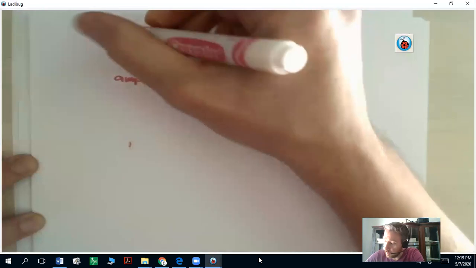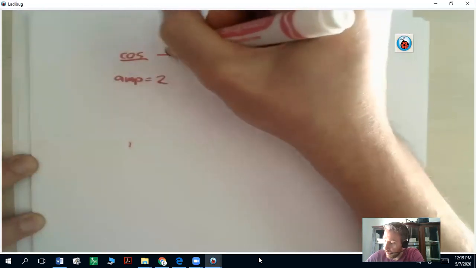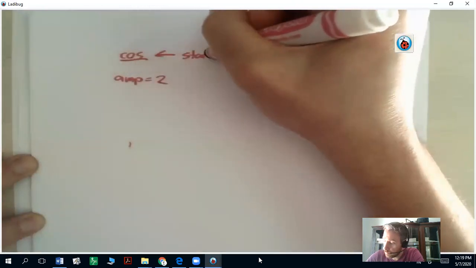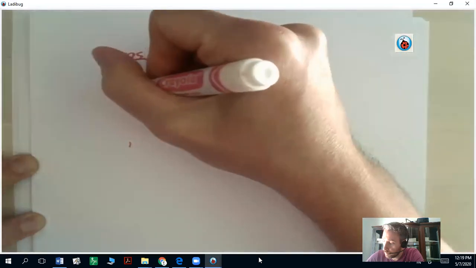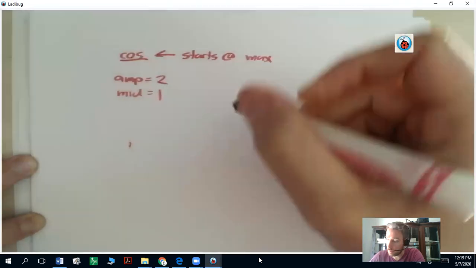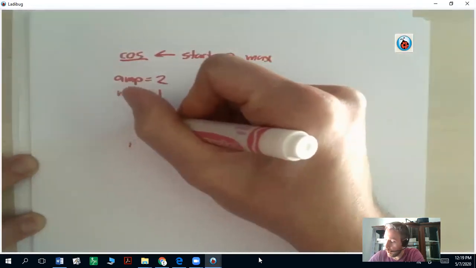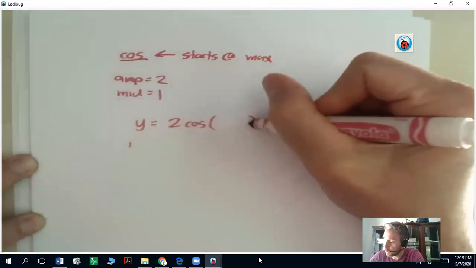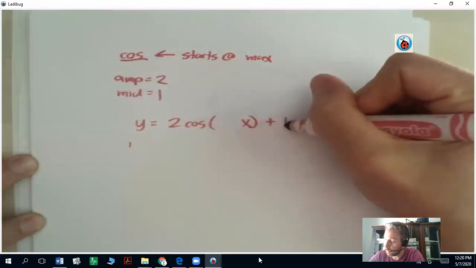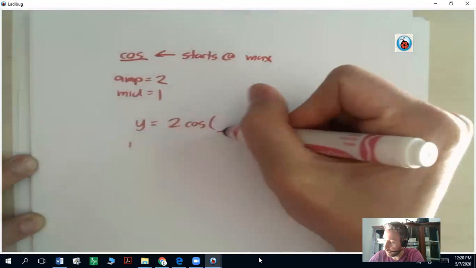Oh, and it's cosine because it starts at the max. So it's going to be y equals 2 cosine something times x plus 1. I know that much. Now let's figure out the b value.